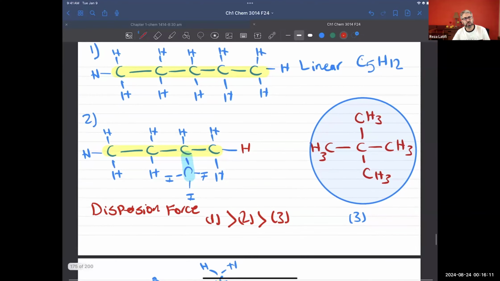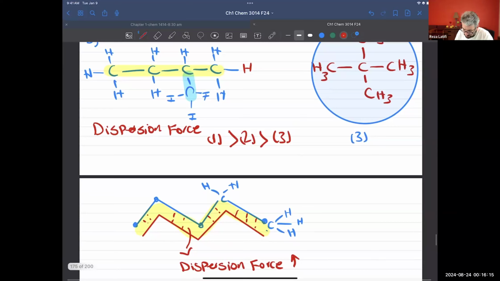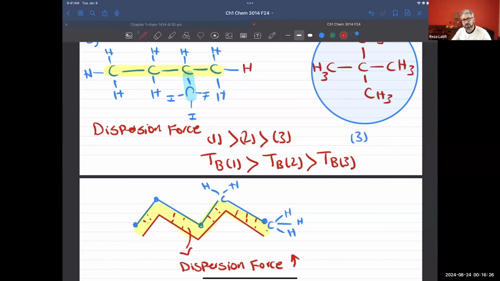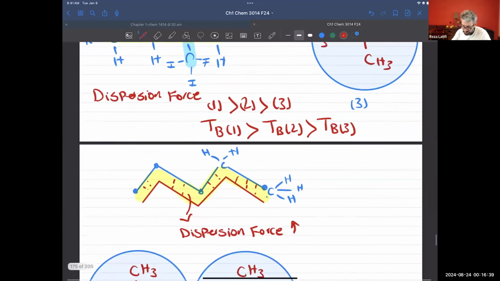If you want to talk about boiling temperature, the boiling temperature for number one will be higher than number two, and number three is the least. Number three actually is a gas, if I remember correctly. If it's not a gas, it's going to have a really, really low boiling temperature. That means you can easily boil it.